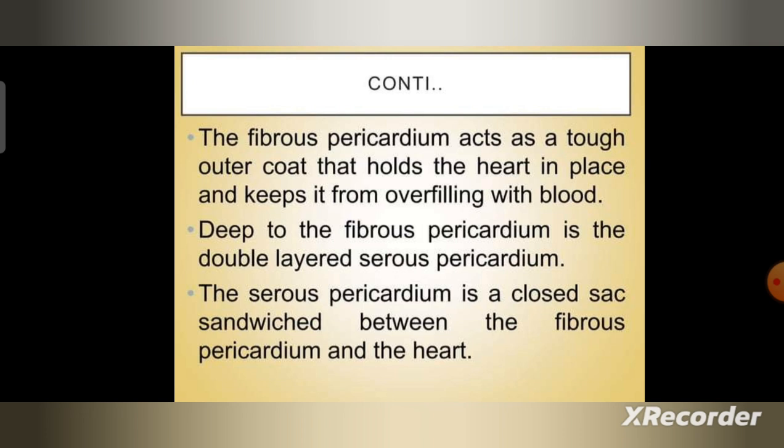The fibrous pericardium acts as a tough outer coat that holds the heart in place and keeps it from overfilling with blood. Deep to the fibrous pericardium is the double layered serous pericardium. The serous pericardium is a closed sac sandwiched between the fibrous pericardium and the heart.